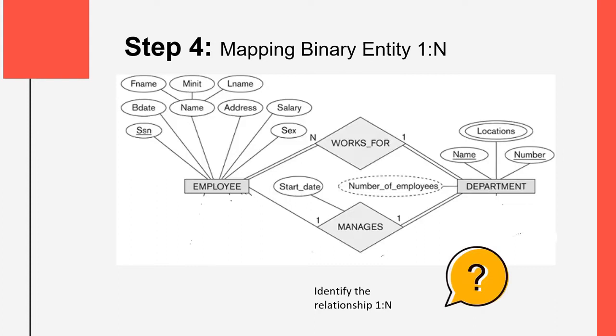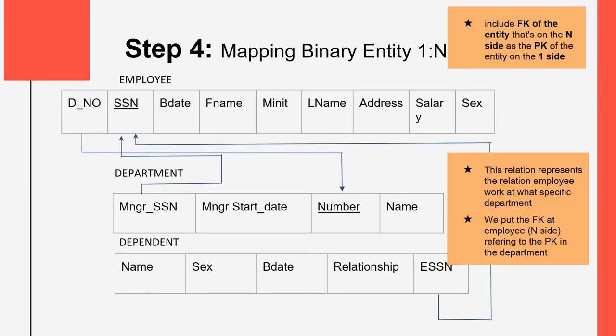So let's see. Identify the 1 to n relationship. So here is the 1 to n relationship. We have the corresponding entities, employee and department. In this step, we put the foreign key on the n side and the PK of the entity on the one side.